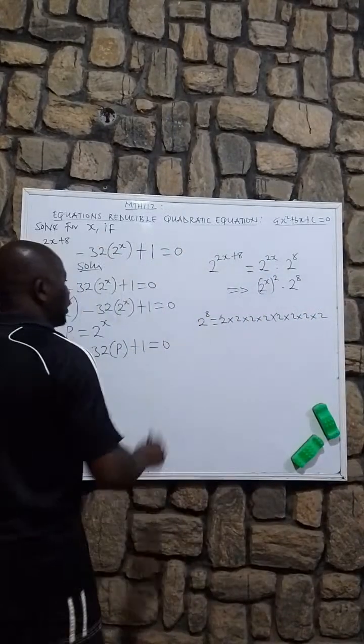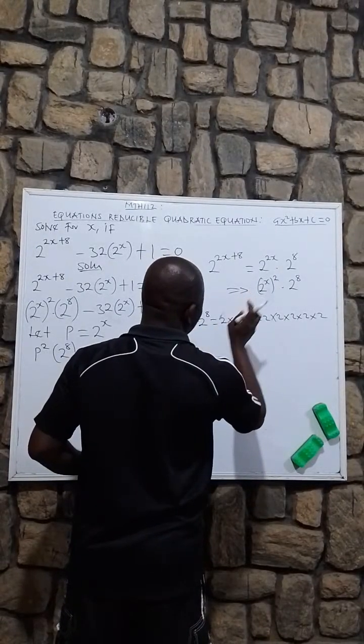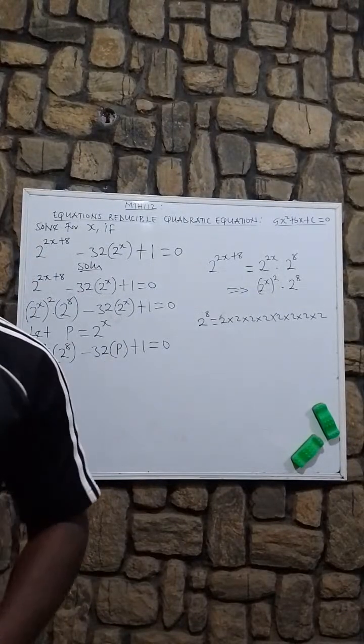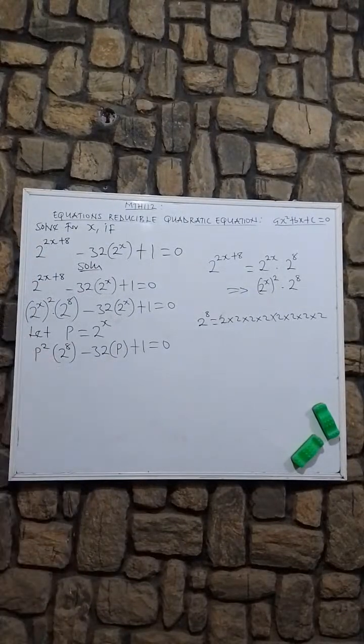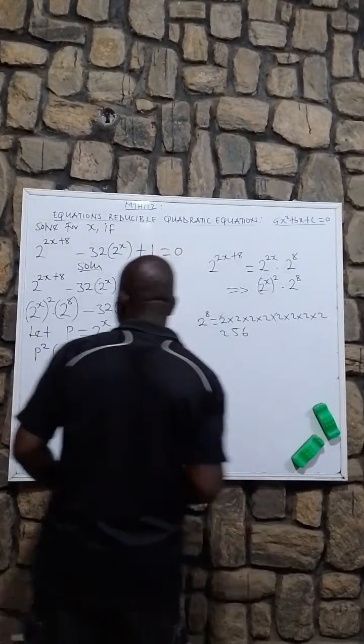You are going to multiply it. What is the answer? You have 256.